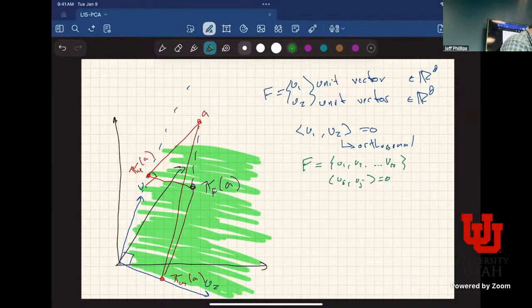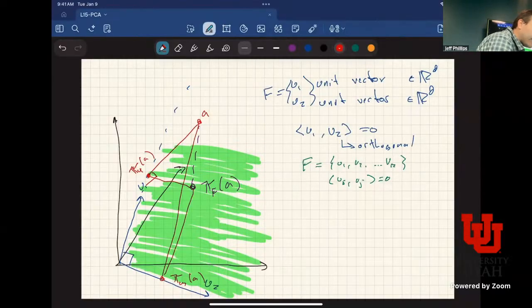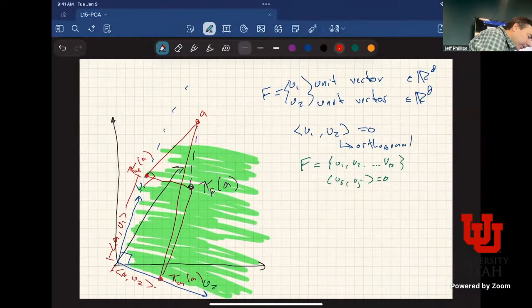How do I define this? I've defined earlier what pi of U1 of A and pi of U2 of A are, right? That tells me the length here is the dot product of A with U2, and this is the dot product of A with U1. This dot product goes up to here, and this dot product only goes so far. So this is the dot product onto U2, and this is the dot product onto U1.